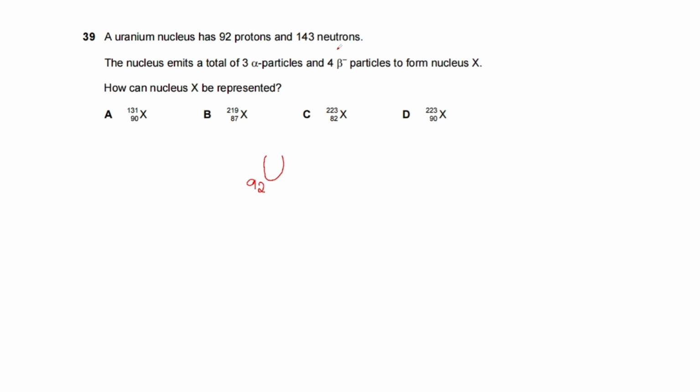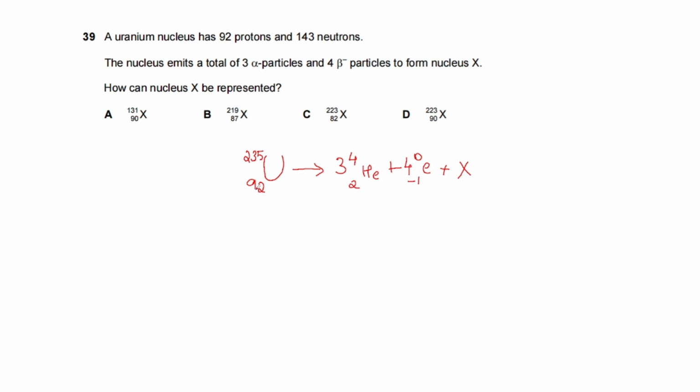The mass number will be the sum of protons and the number of neutrons, which means 235, which is emitting 3 alpha particles. An alpha particle has a mass number of 4 and a proton number of 2, plus 4 beta minus particles. A beta minus particle is an electron, which has almost 0 mass number and charge minus 1, plus the element X. As you know, in this nuclear equation, both the proton number and the mass number will be conserved.